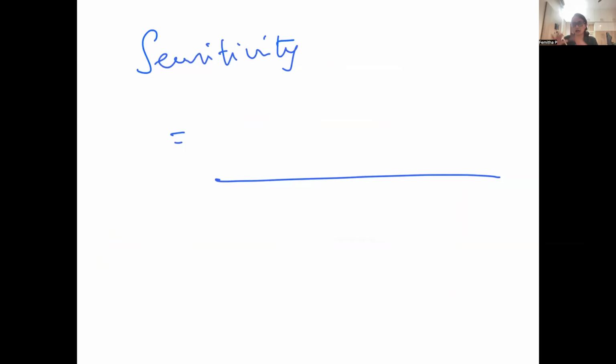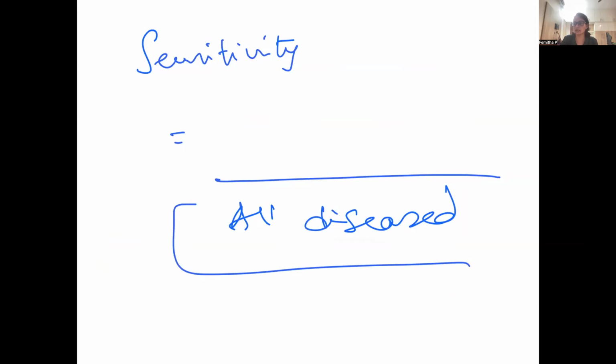Sensitivity is out of the entire diseased population, how many of them are going to test positive by your index test or the test that you are going to select. So the denominator is all the diseased population.